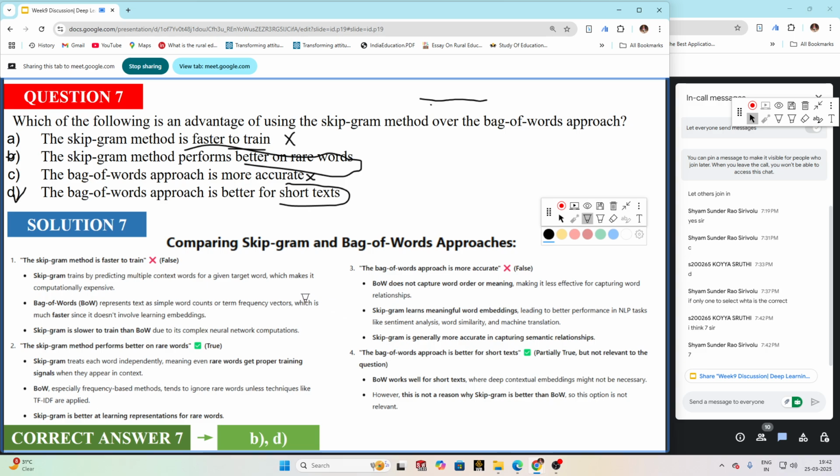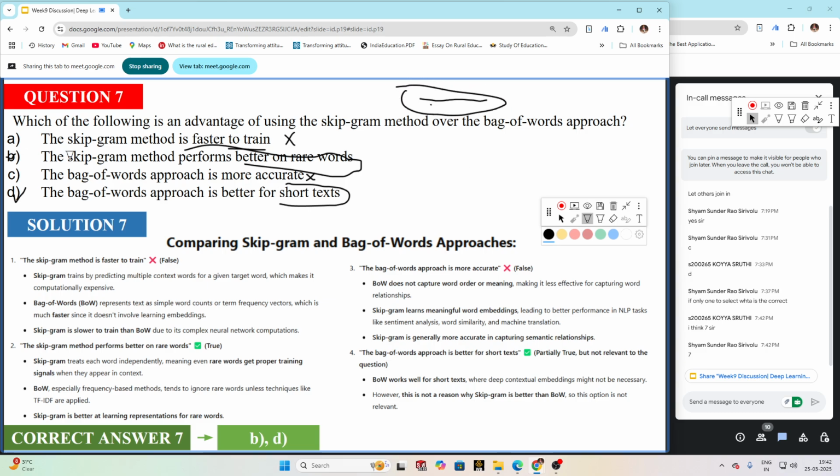The skipgram question: both of these are correct according to me. Most appropriately, you can say the skipgram model performs better on rare words. This is more appropriate, while the other is partially true. According to the question it is true, because here we are only seeing the context word, and we are only seeing on the basis of the output layer.